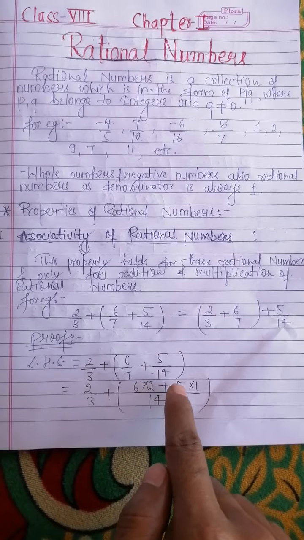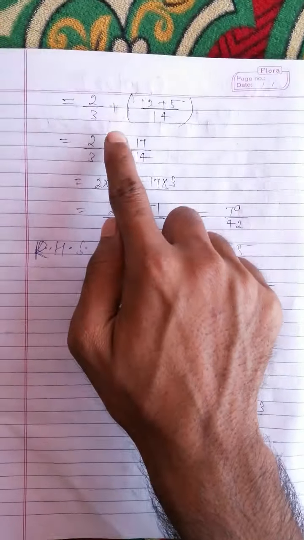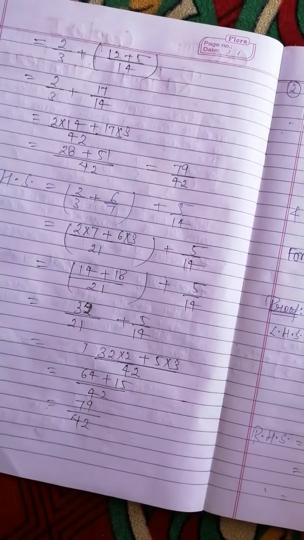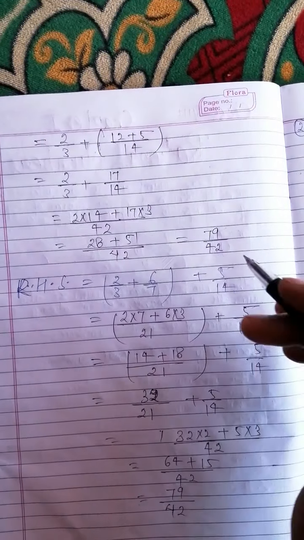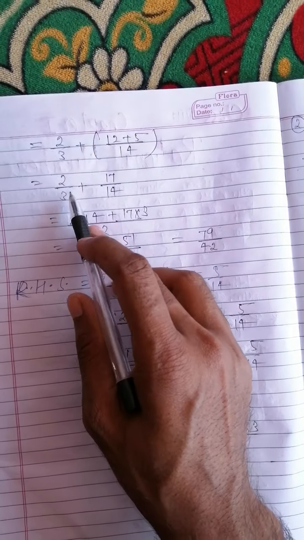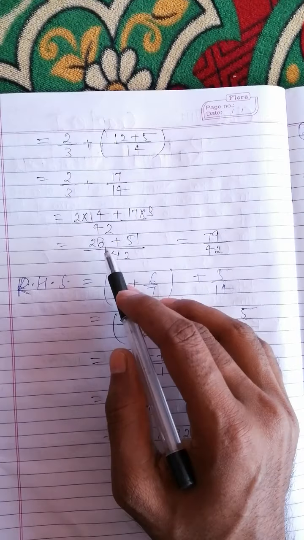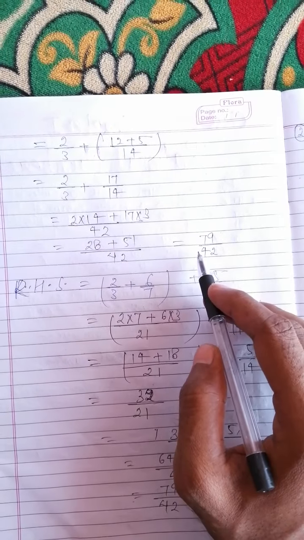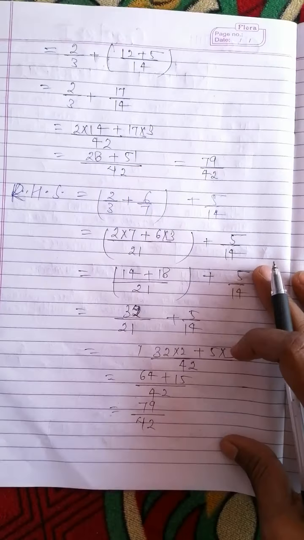So 6 into 2 plus 5 into 1 is 12 plus 5, which gives us 2 by 3 plus 17 by 14. So 28 plus 51 upon 42 is equal to 79 upon 42. This is what we get after solving the left hand side.